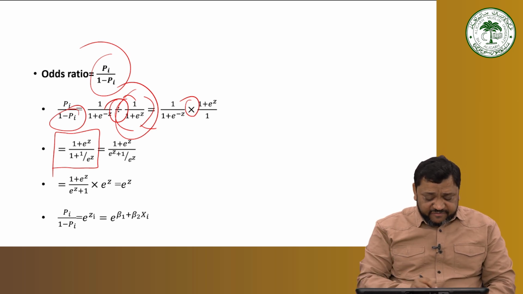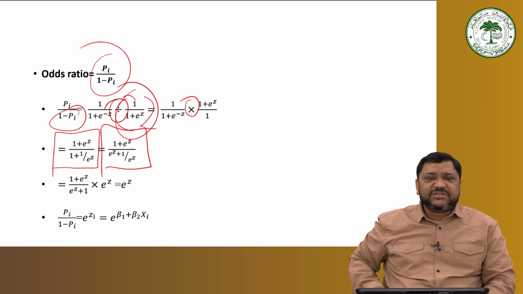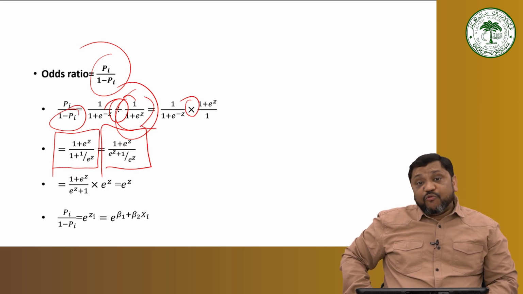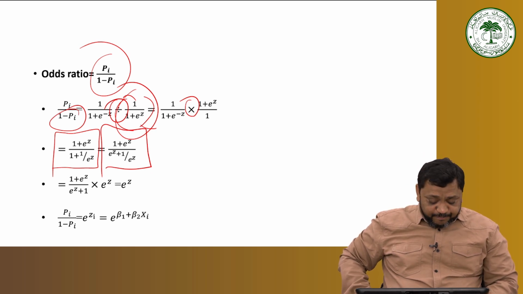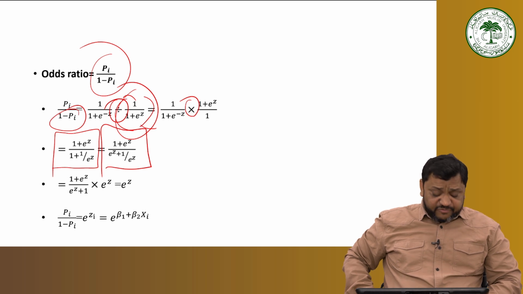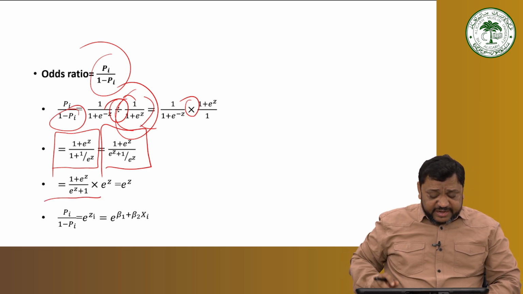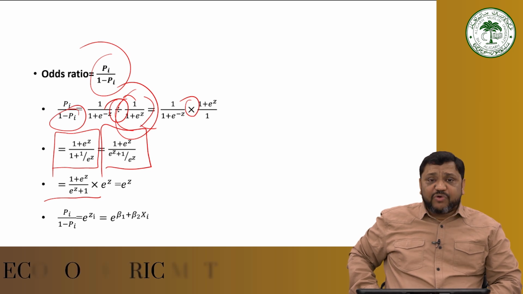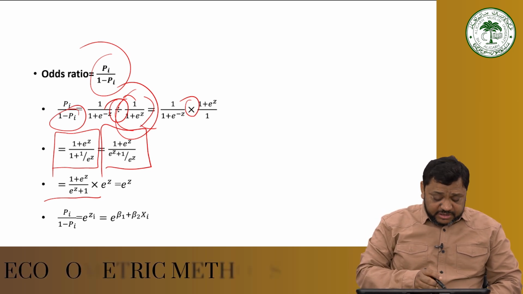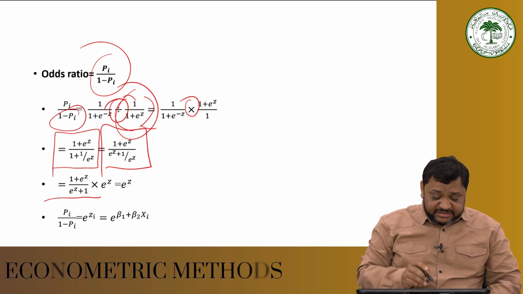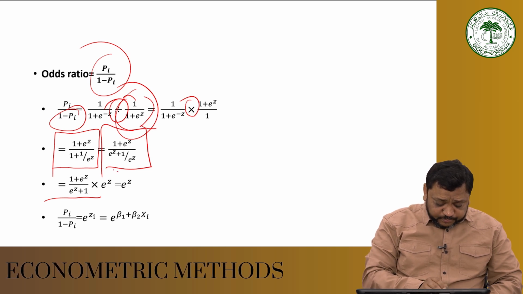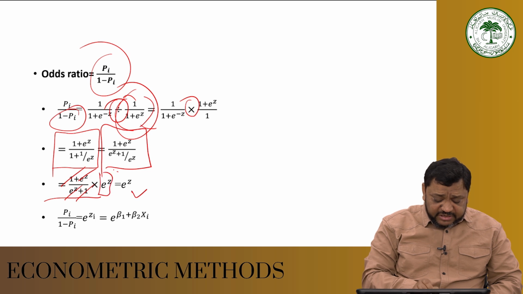So this we can further write as 1 plus e raised to the power z divided by ez plus 1 upon ez, that is 1 plus ez divided by ez plus 1 upon, simplifying the denominator, multiplied by ez. So finally what is left is, 1 cancelled, ez cancelled, we are left with ez only.